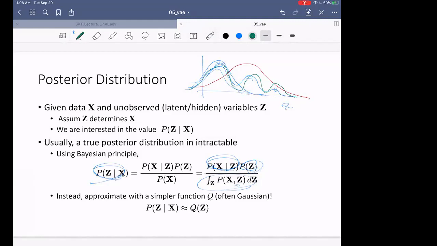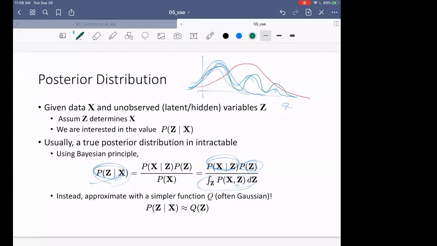I guess you could do that. In that case, things would be really, really simple. But if you assume that PX follows a simple distribution, then again, your PZ given X would not be really realistic.